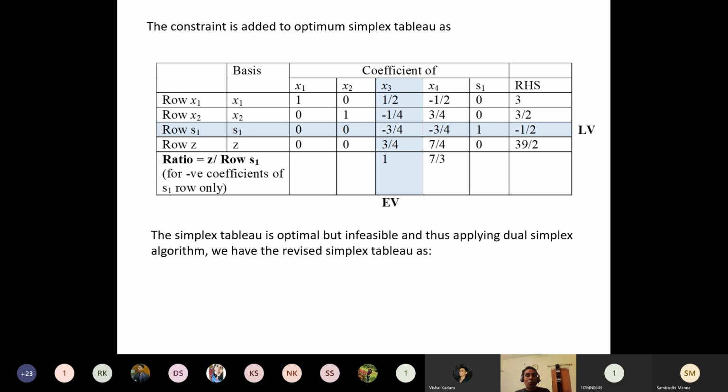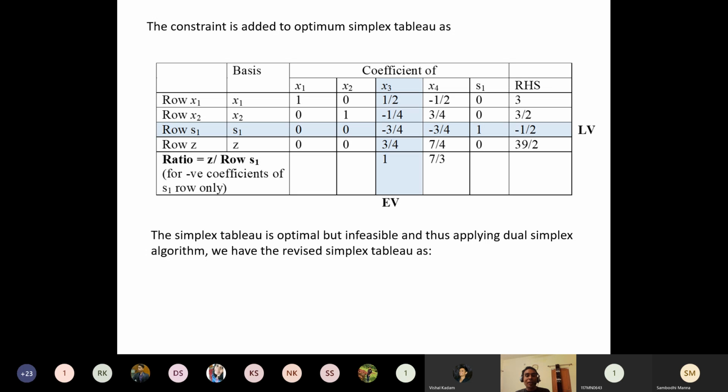This is the revised simplex table we got, with one additional constraint added in the final simplex table. Now you have to obtain the solution again, you have to make the iteration.